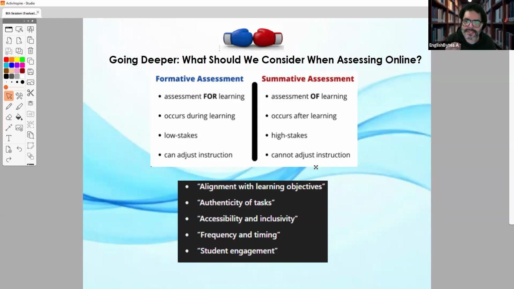Now, important things when you're assessing your students, in this case, online context. The alignment with learning objectives. Is your evaluation aligned with what you want your students to learn or not? That is important.